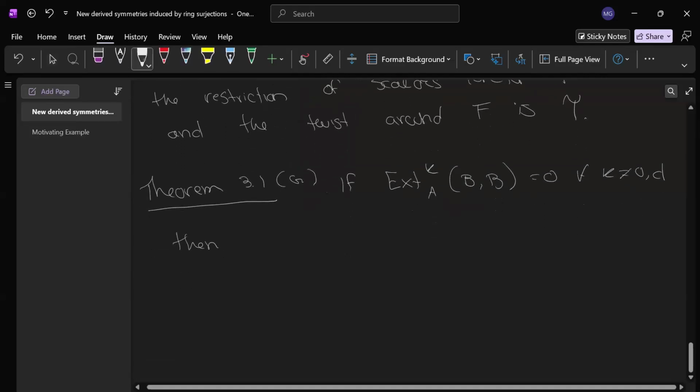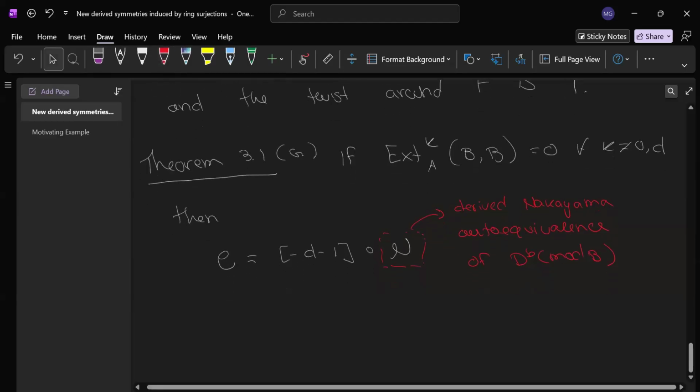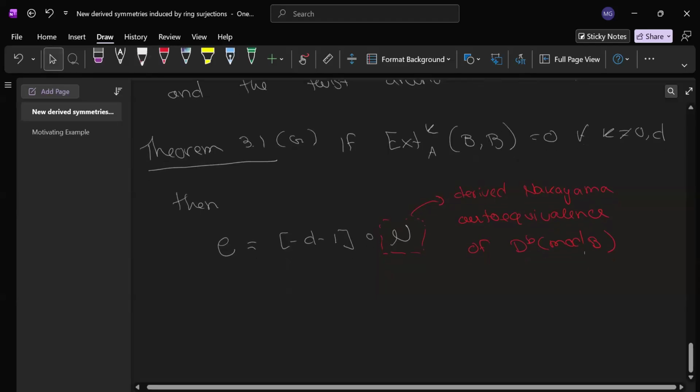actually we can compute what the cotwist is, and the cotwist turns out to be a shift of the Nakayama functor of B. So this curly functor N is the derived Nakayama autoequivalence of the algebra B, or in other words, of the derived category of B. Okay, so in particular, this tells us that C is an equivalence.